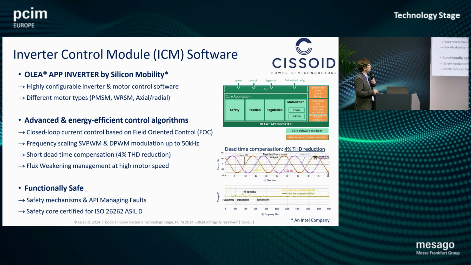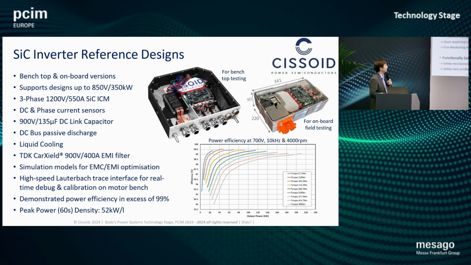We are publishing this month papers demonstrating 4% THD reduction thanks to these algorithms. We also support flux weakening management, and the software has also been certified for functional safety ASIL-D level.